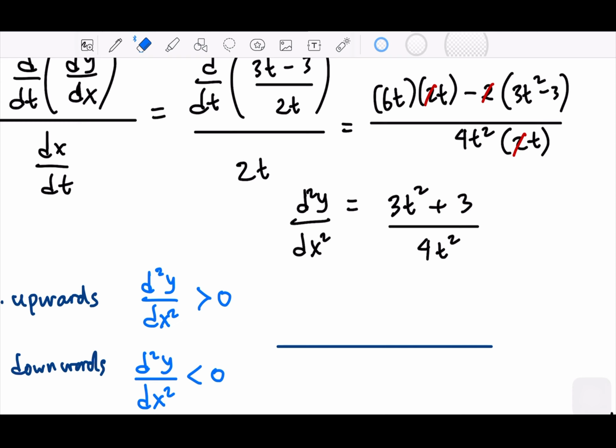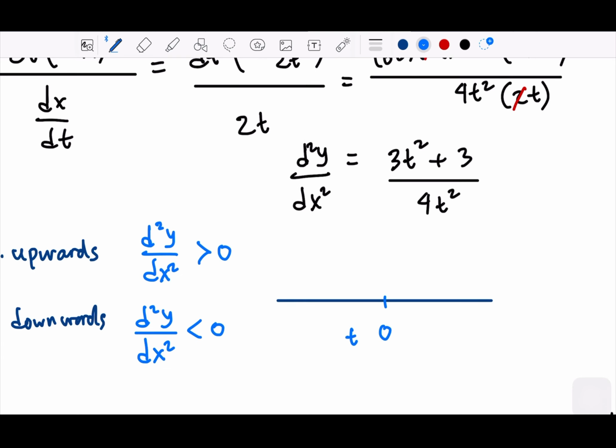Probably 0. So 0 is one number that we need to take here, and I think there's no other number that can disturb this formula. You need to think, is there any number that will disturb this formula? Maybe there will be a discontinuity or an asymptote. That's why we are going to put 0 here.